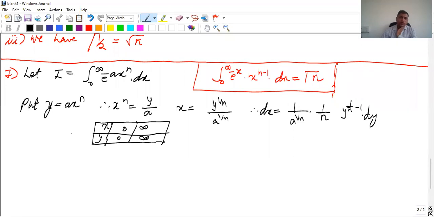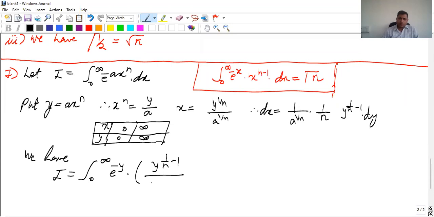Yes, sir. So after this calculation, we will have the integral I from 0 to infinity of e raised to minus y, and here we will have y raised to 1 by n minus 1 upon n a raised to 1 by n dy.